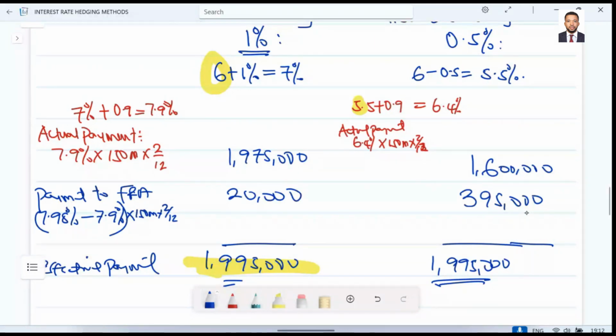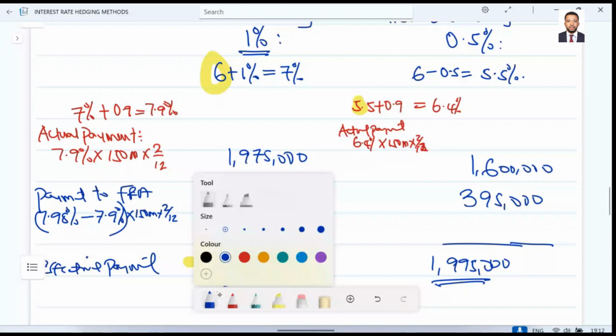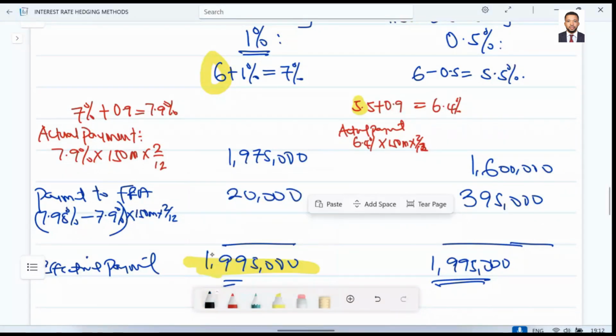If this were to be received, the interpretation would change, because I would have agreed that I'm going to be receiving it. So this will be payment to FRA, and it is simply the difference between this and our lock-in.